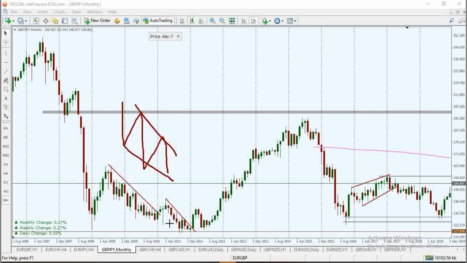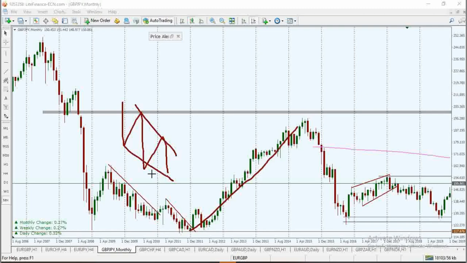I want to reference this again and share that this is not a WXY. If you look at this in the future, you can identify that this is majorly just a pullback, which looks very huge for a WXY structure.